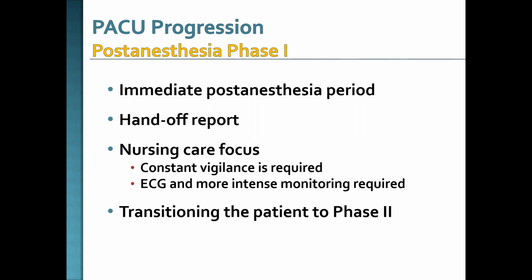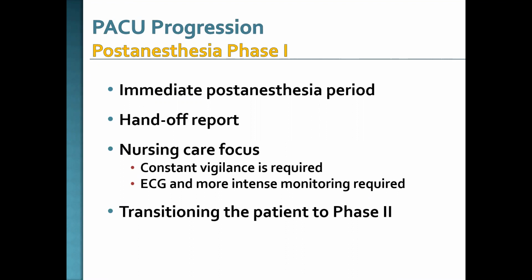Continuous ECG monitoring for changes in the heart rate that may indicate pain, anxiety, bleeding, hypovolemia, and abnormal electrolytes. Frequent blood pressure monitoring may include invasive arterial monitoring that provides continuous blood pressure readings. These are used for complications of hypotension and hypertension.